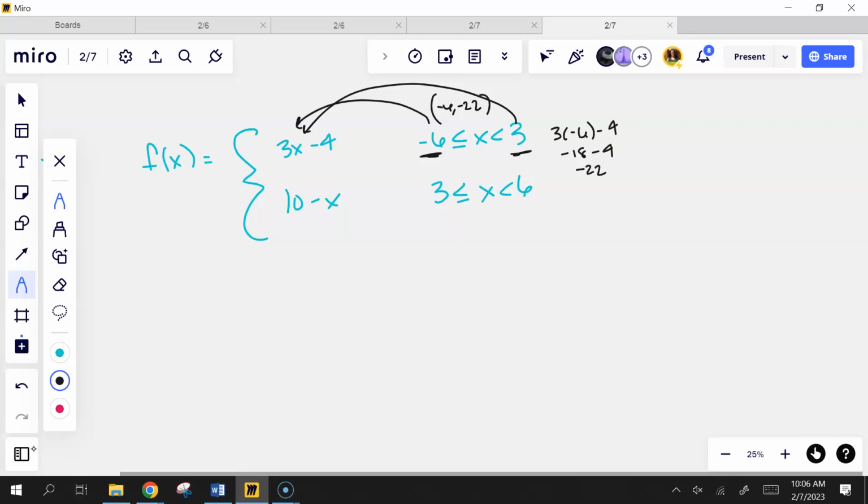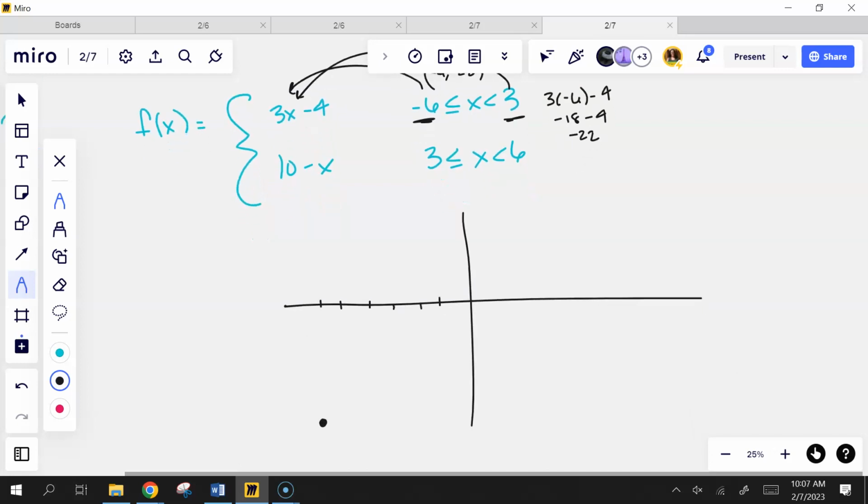Okay, so that's one endpoint, right? So 1, 2, 3, 4, 5, 6, and then all the way down. It's going to be closed because, and I'm just going to pretend like I went down to 22. Yes, that's fine.